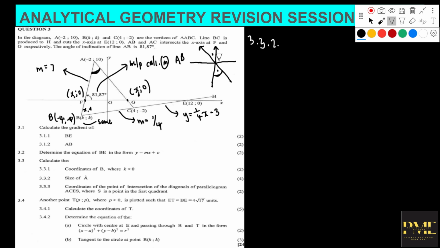Now the thing you're going to do is calculate the angle made by this line with the horizontal, and the angle made by this other line with the horizontal.